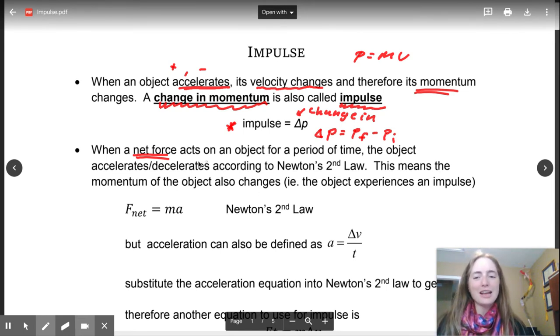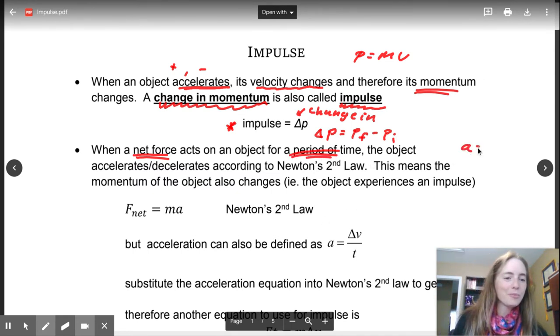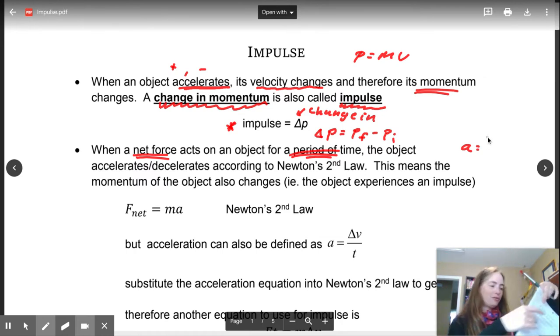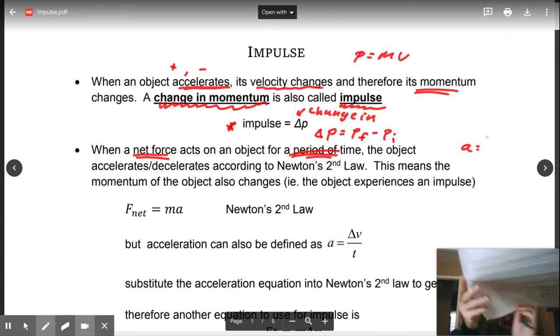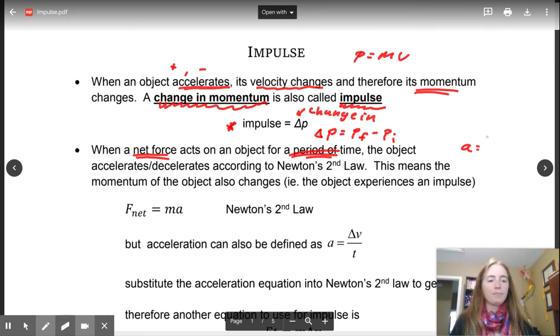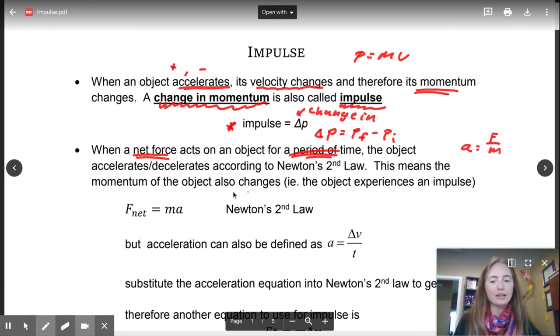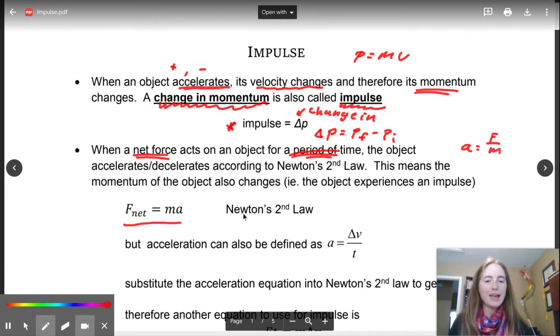Remember, when a net force acts on an object over a period of time, we get acceleration, right? So from your data sheet, which you can find this equation here, our acceleration is equal to our force over mass, or F net equals ma.